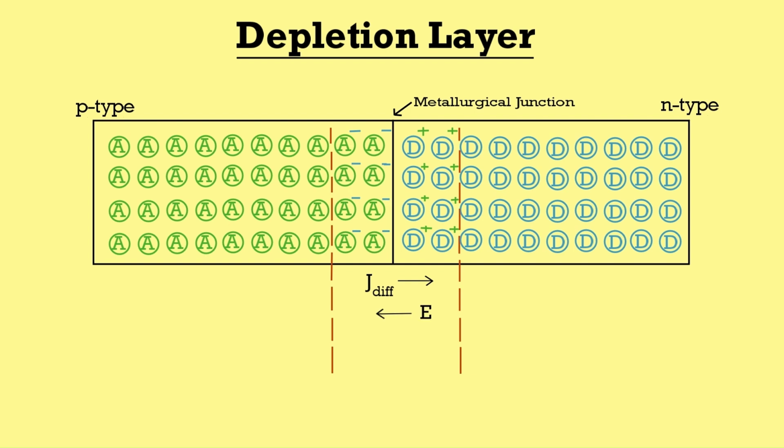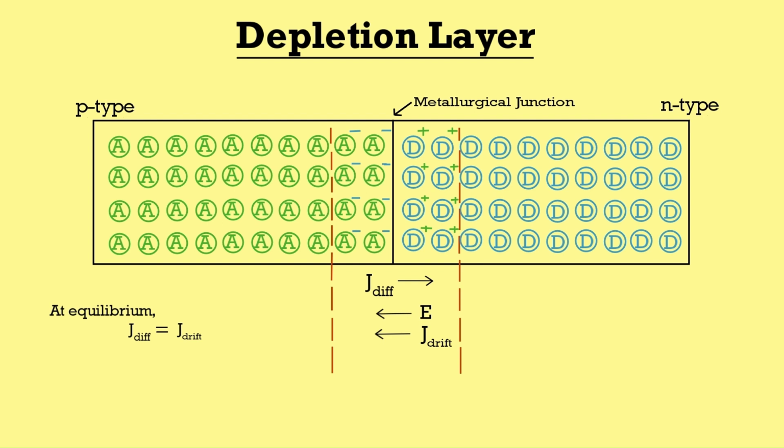So, you can see that this electric field will result in a drift current and the direction of this drift current is opposite to the direction of diffusion current. So, one thing should be clear to you that the charge carriers will not move infinitely. They will move until they reach equilibrium, and in equilibrium the drift current will be equal to diffusion current.